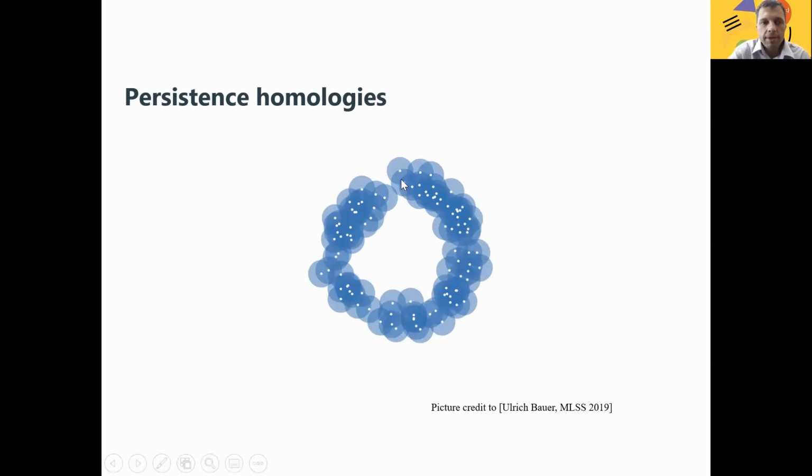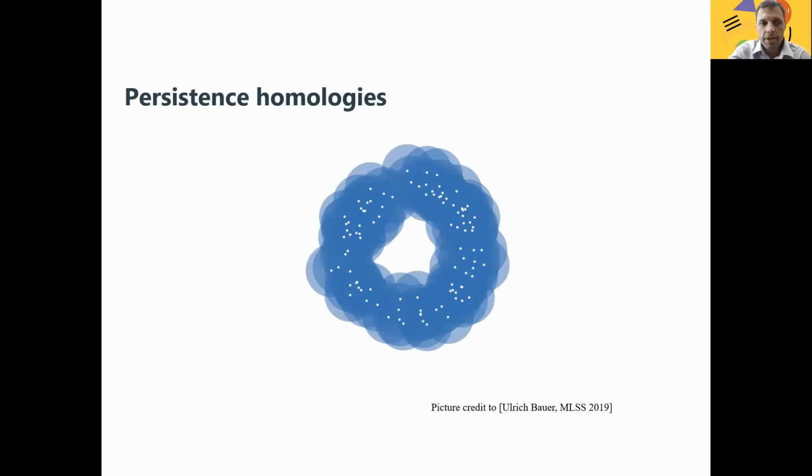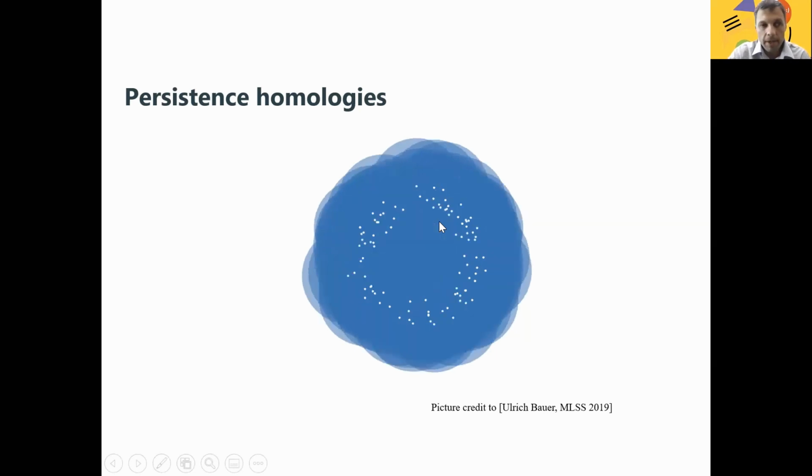However, the only hole which doesn't disappear if we increase the radius significantly is this central hole. The more we increase the radii of the spheres, the fewer small holes we have, but the central hole stays. It only disappears when we increase the radii of the spheres significantly.